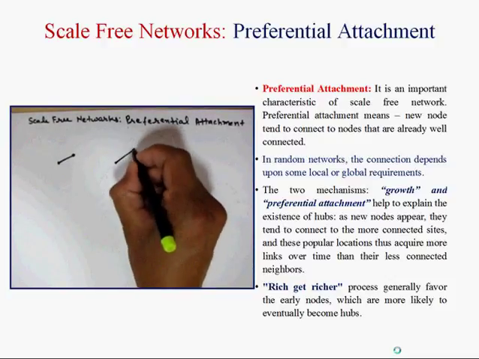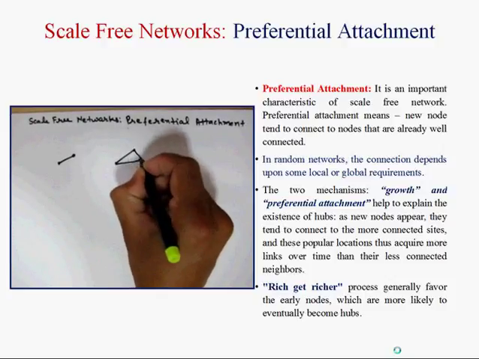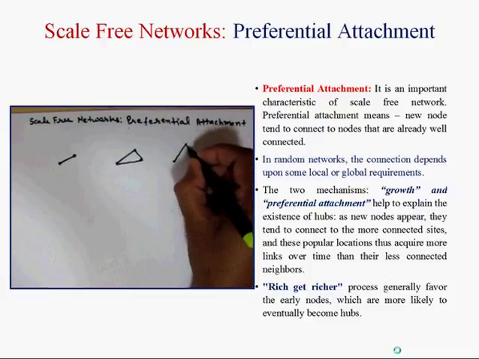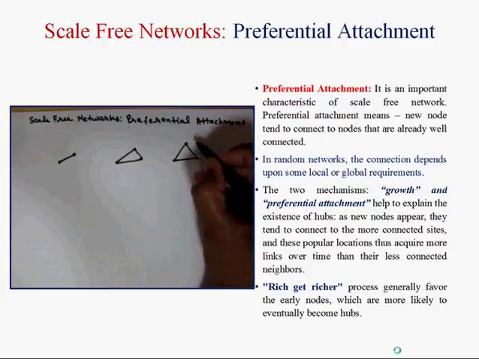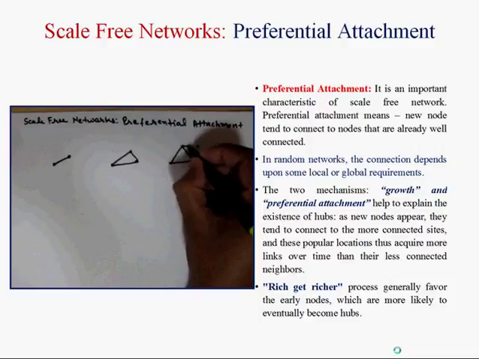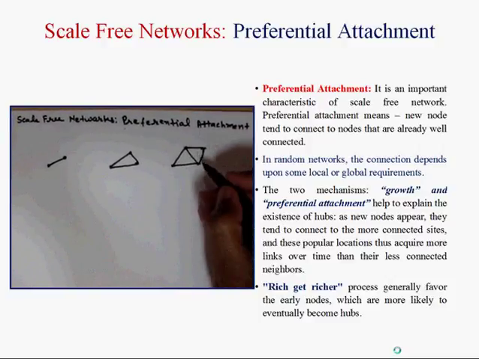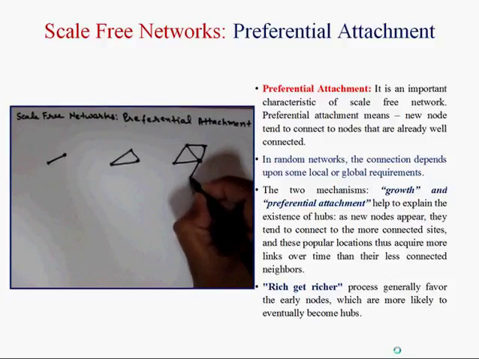Then now at next stage, suppose we want to add another node, then it will search the node which is already highly connected like this. Now at next stage, suppose I want to connect a new node, then it will search the highly connected node like this and make a connection.